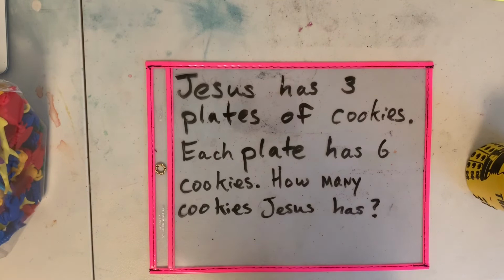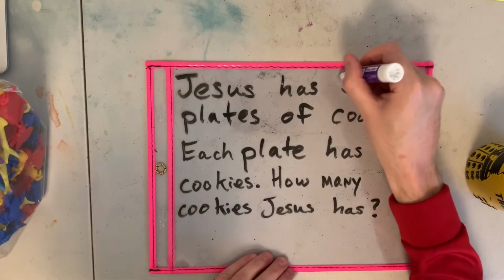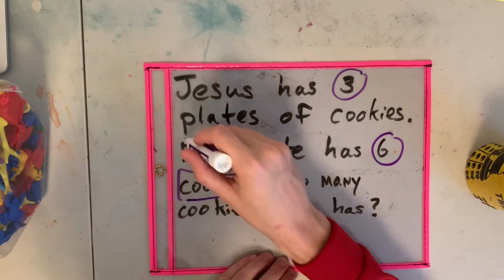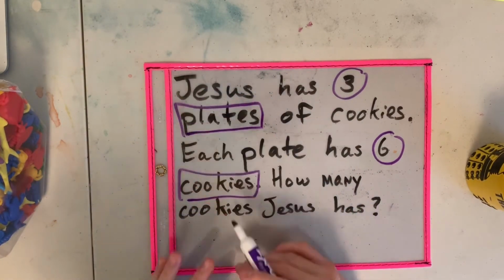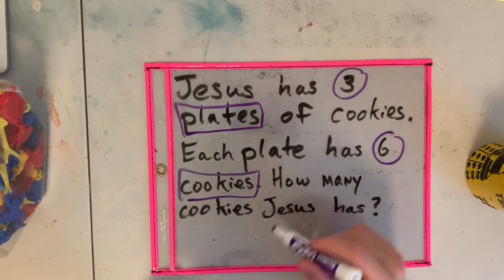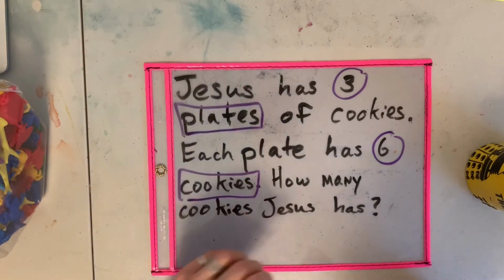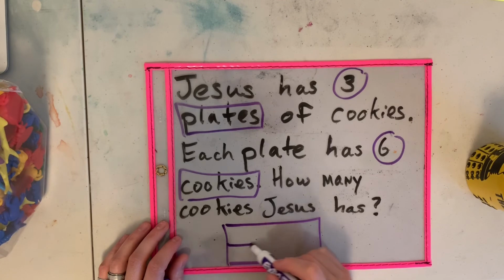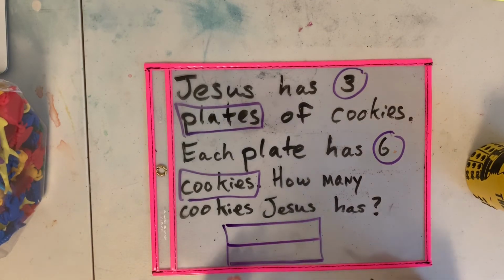Mismo trabajo. We're talking now about 3 plates and 6 cookies. I want you to do the rest of the cubes and the strip diagram. Remember to do the strip diagram. You need to think, how many plates do we have and how many cookies on each plate.